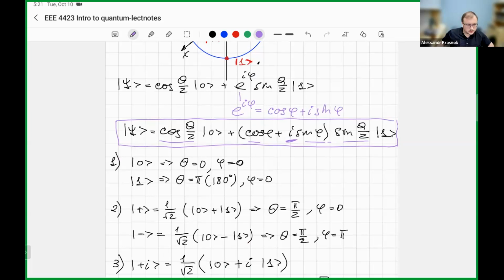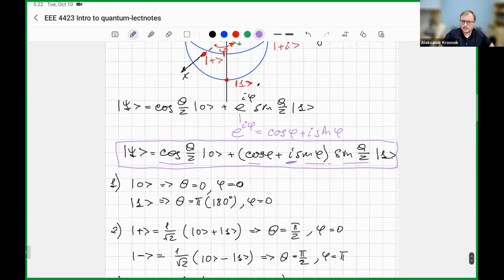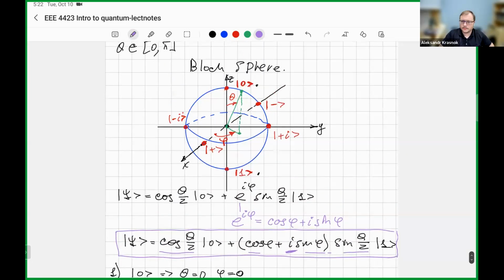We've got a question in the chat. Why doesn't IBM use the Bloch sphere? Yeah, they don't use the Bloch sphere because the Bloch sphere works only for one single qubit. Quantum computing requires multiple qubits. So in some sense, the Bloch sphere is useless for quantum computing.